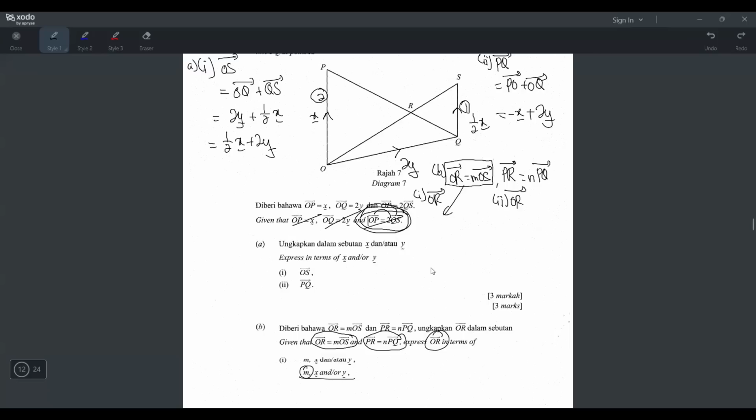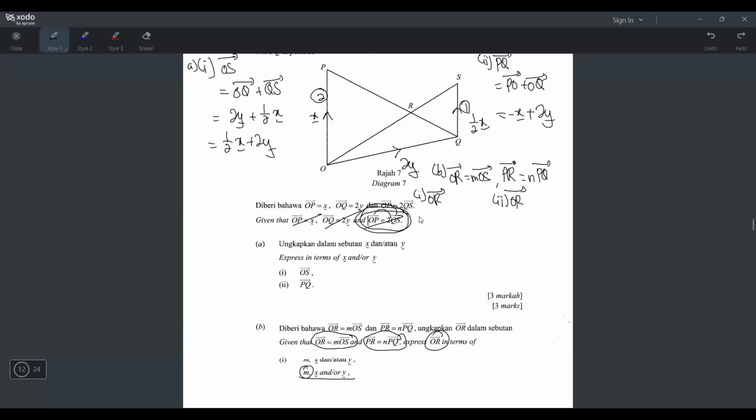Then what about number 2? Number 2, they say in terms of N. So tell me in the whole question dekat mana ada N? Dekat sini kan? So when we do number 2, we have to use this information. Saya ulang sekali lagi. When we do B1, must use this information no matter what. When we do B2, must use this other information no matter what. Okay? Supaya kita punya jawapan ada M, N lah.